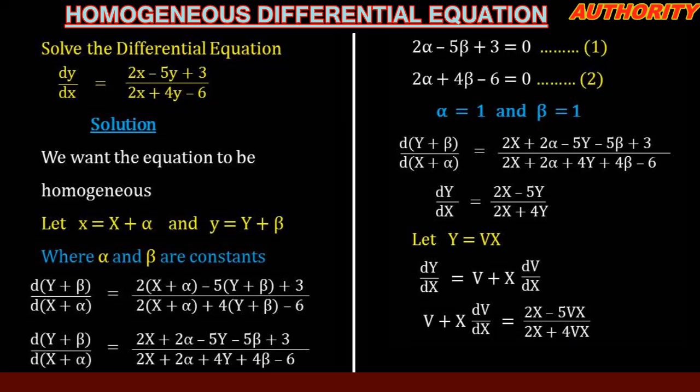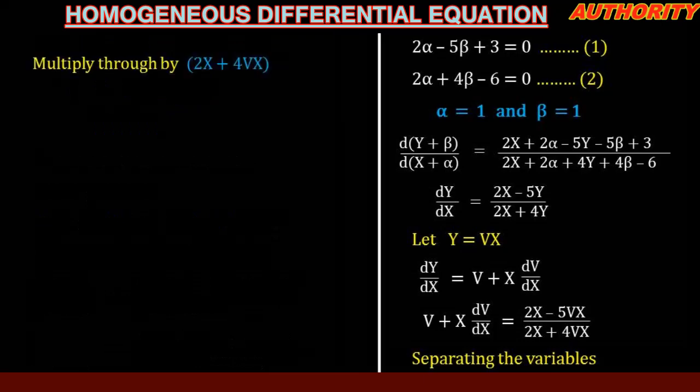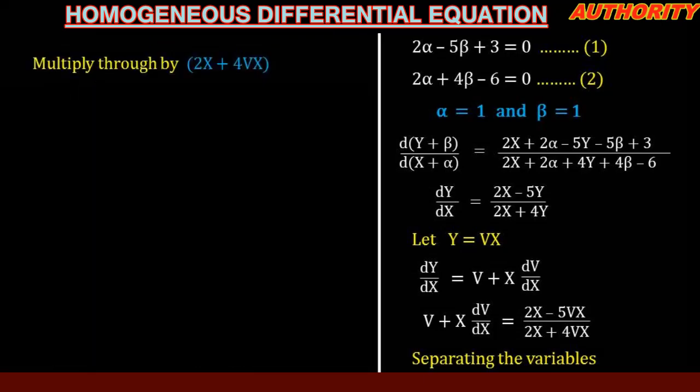Let's try and separate these variables. Separating the variables, we multiply both sides through by 2x plus 4vx so that we remove this fraction.